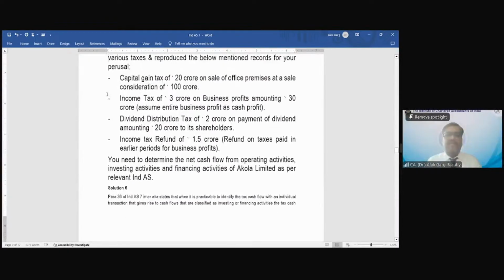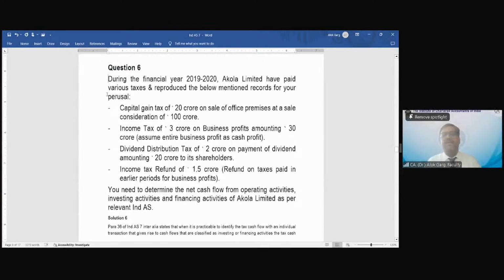During the financial year 1920, Akola Limited have paid various taxes and reproduced the below mentioned records for your perusal. Capital gain tax of rupees 20 crores on sale of office premises at a sale consideration of 100 crores. Right? So in the first line item, what is written?